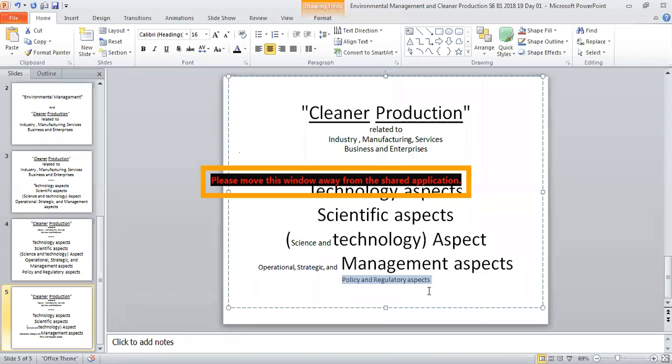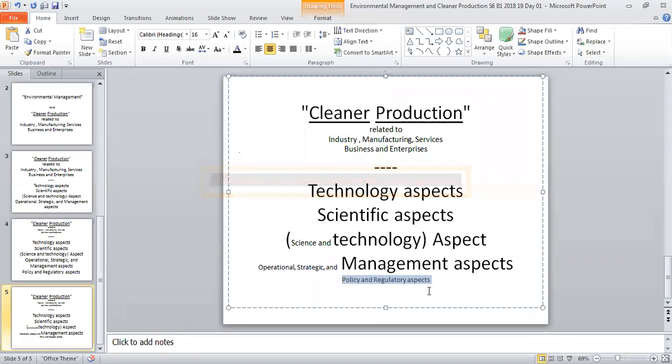Now we are in the era of the fourth industrial revolution. We call it 4G, 4I or something, fourth industrial revolution.